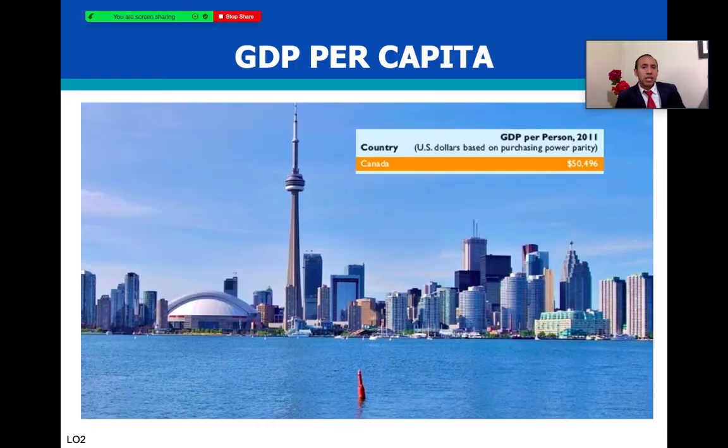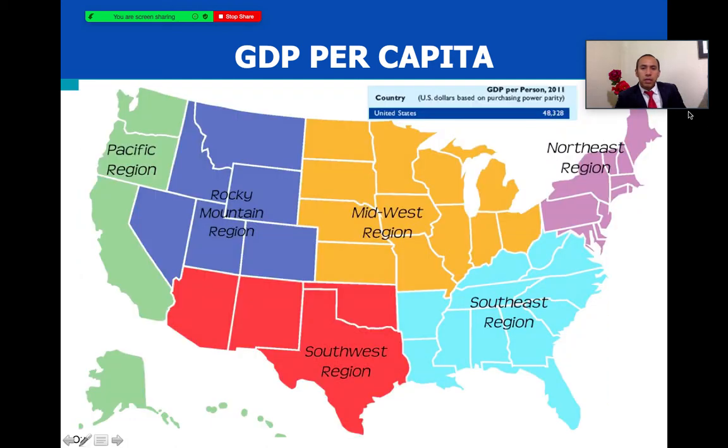GDP per capita analyzed further, let's take a look, for example, at the country of Canada. Canada in 2011 had a GDP per capita adjusted for purchasing parity, or the capability of consumption in the country, of $50,000. The United States, this is prior to 2015, was $48,000. So in 2011, the United States had a GDP per capita of approximately $48,000.